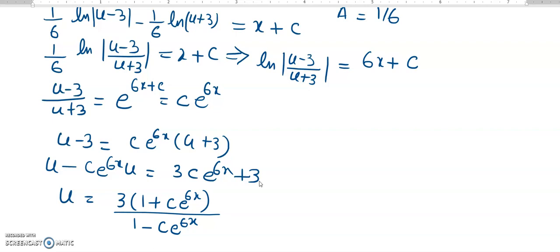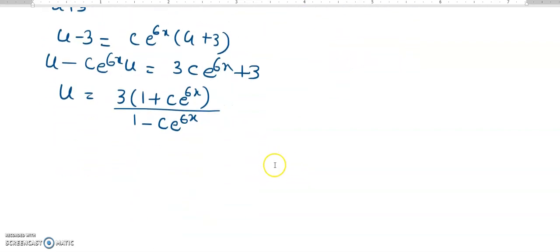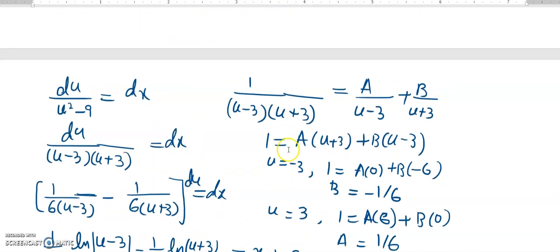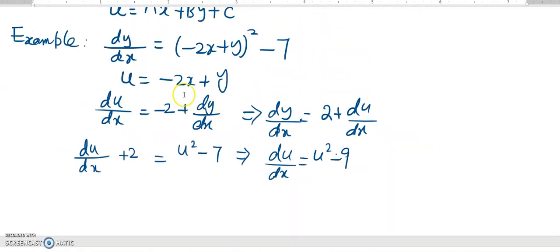And what I have over here is now I can input the value of u as well. So what is u? We already assumed before that u is equal to minus 2x plus y.